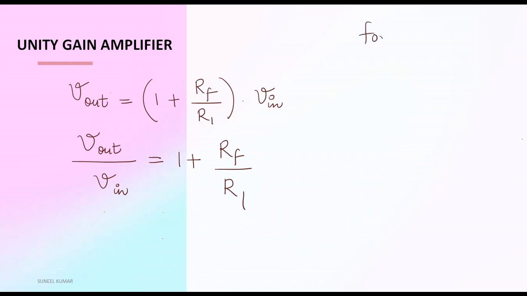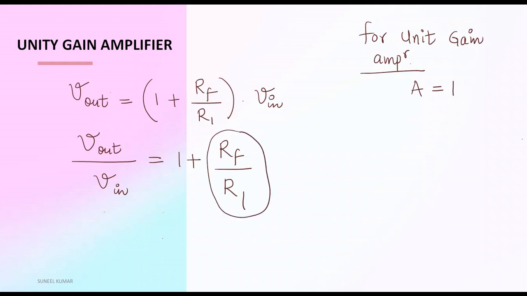And for a unity gain amplifier, the gain value is always 1. That's why it is called a unity gain amplifier. So if we want to make this circuit a unity gain amplifier, the gain is V output divided by V input, so this term RF divided by R1 has to be 0.